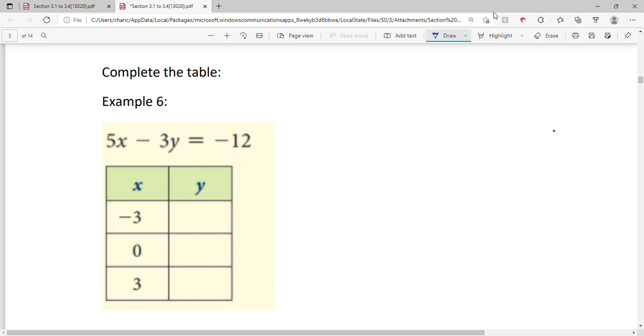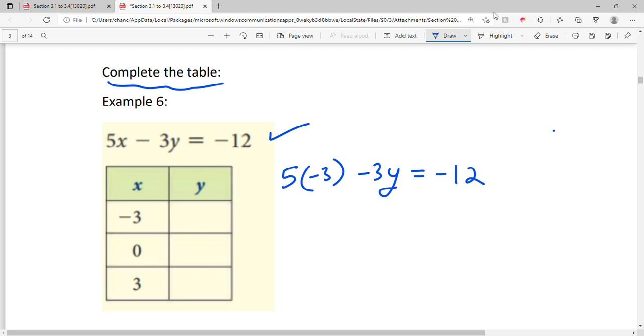These are known as quadrants because they split the Cartesian plane into quarters. Example 6, let's complete this table. The equation 5x minus 3y equals negative 12 is given, and we have certain values of x that we need to plug in. The first one is negative 3. I am going to replace the x with a negative 3, and we're going to solve for y. 5 times negative 3 is negative 15.